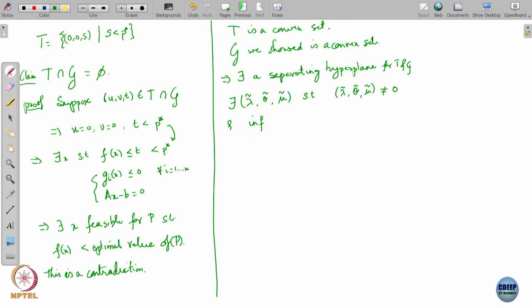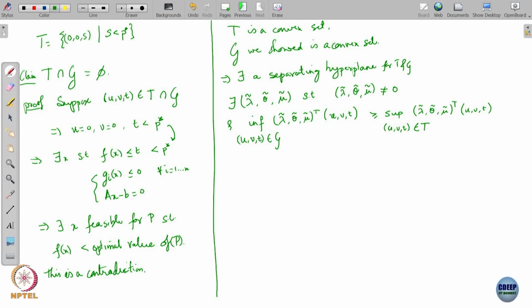So, if I look at the least value of this hyperplane over the set G, the infimum over (u, v, t) in G of (lambda tilde, theta tilde, mu tilde) transpose (u, v, t), this has to be greater than or equal to the largest value of the same function over (u, v, t) as (u, v, t) ranges over T, capital T. So, this is the separating hyperplane theorem.